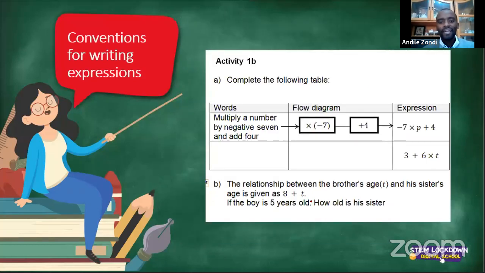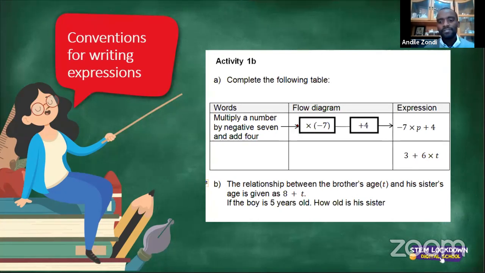So here we're looking at a flow diagram. Sometimes in exam they can give you a flow diagram, or they can give you words and they want an expression. Let's look at this first example. It is written in words: multiply a number by 7 and add 4.